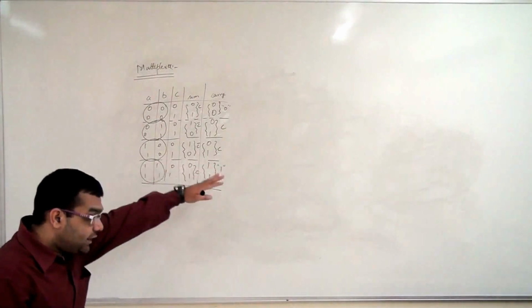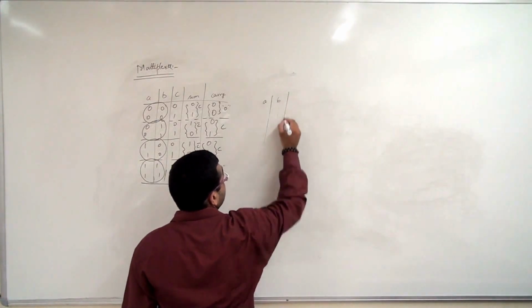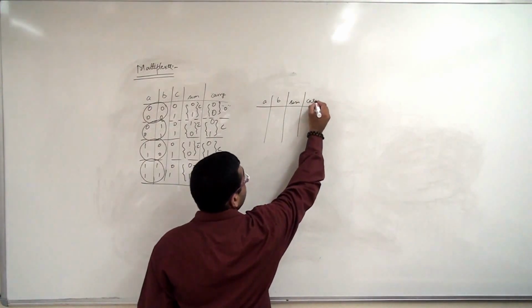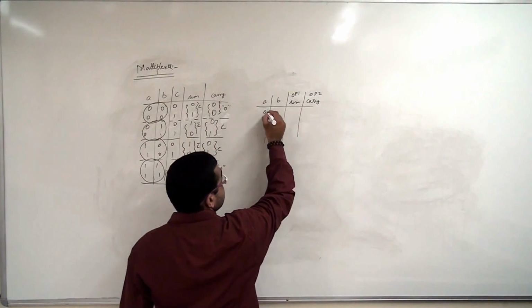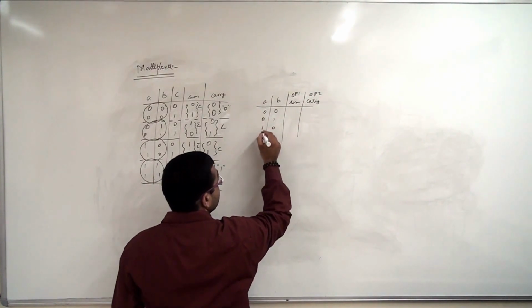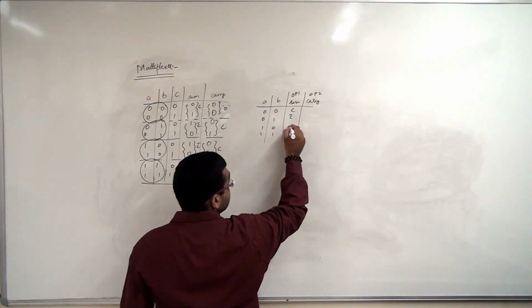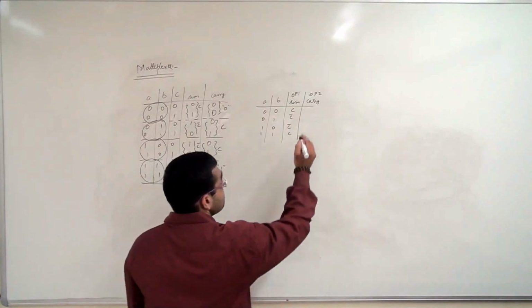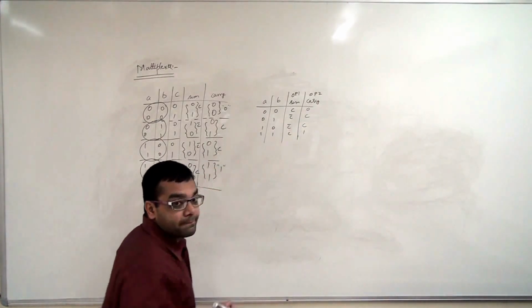So if I condense this in the form we have done earlier, A and B become the select lines, and what is the value of sum and carry? This is output 1 and output 2. This is 0, 0, 0, 1, 1, 0, 1, 1. So this is C, C bar, C bar and C. Alright, this is 0, C, C, 1.